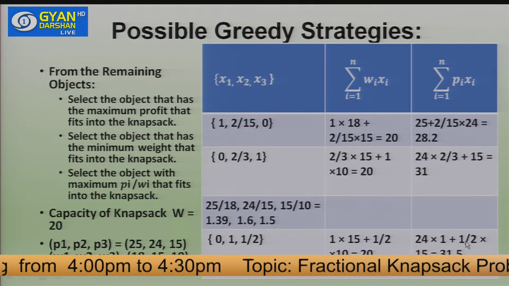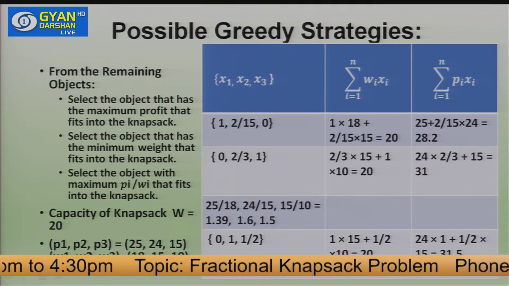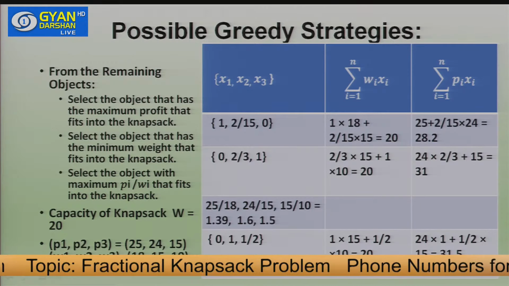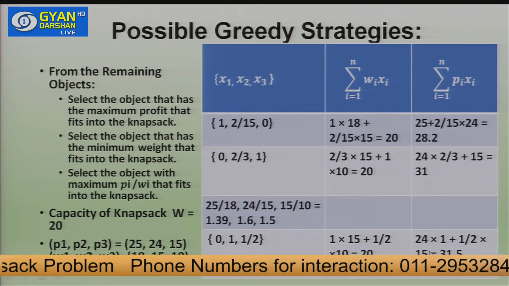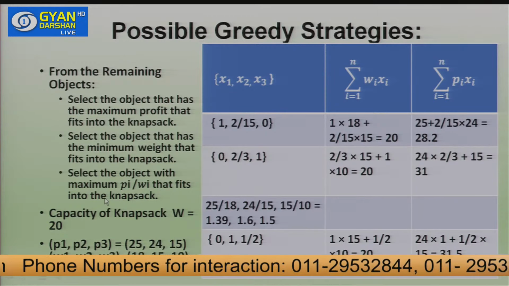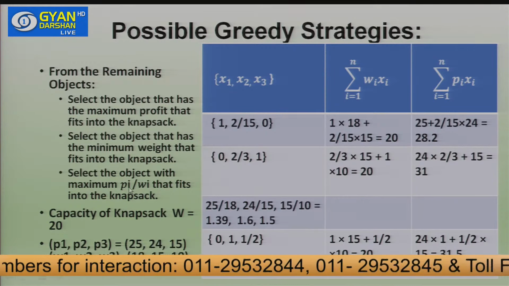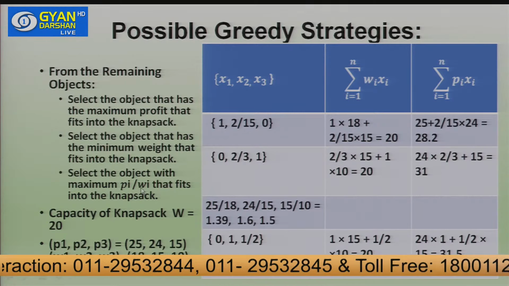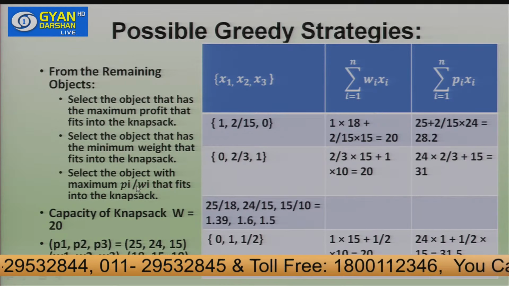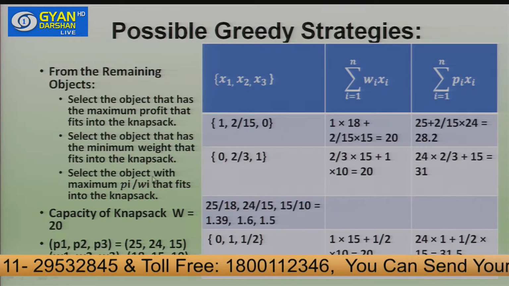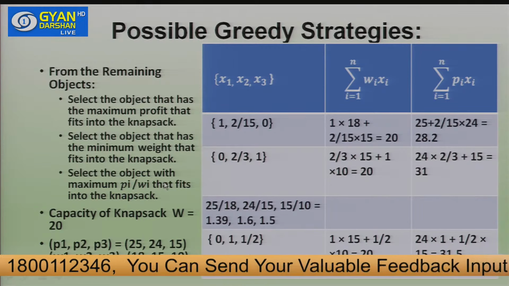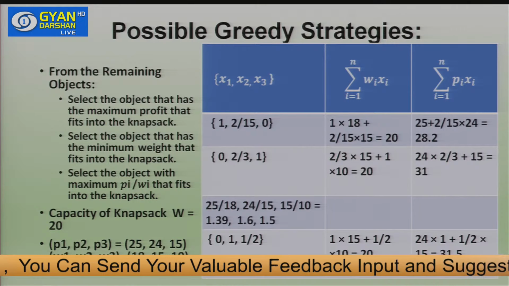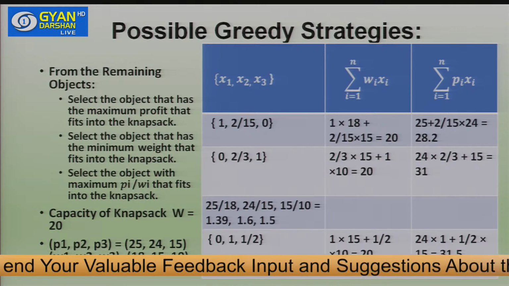So we get 7.5 here, and we get the best figure, 31.5, out of these three approaches. So the approach where we take profit per unit weight is the approach which works as the solution to the knapsack problem.